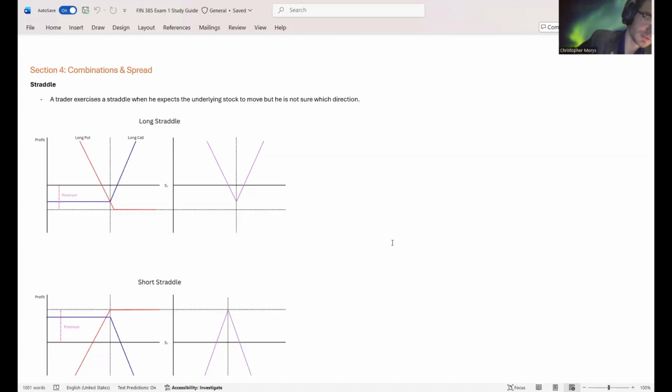A trader exercises a straddle when he expects the underlying stock to move, but he is not sure in which direction. So basically, if you consider trading a straddle, you are betting on the price moving. However, you don't know whether the underlying asset will go up or down.